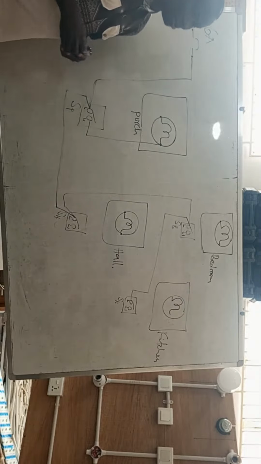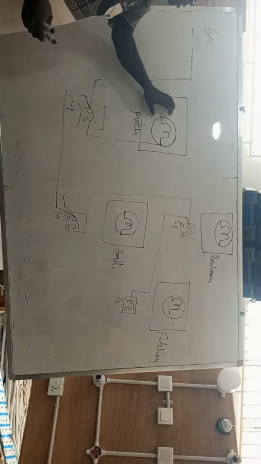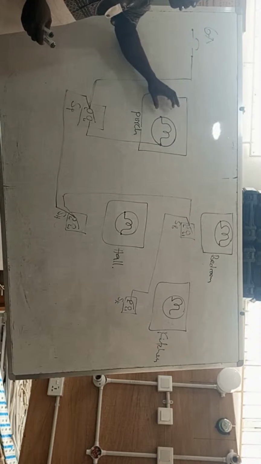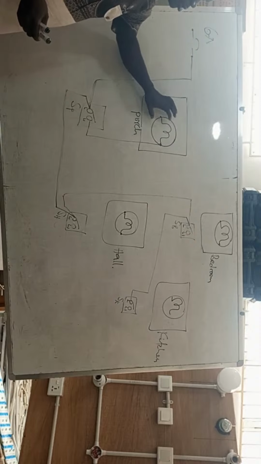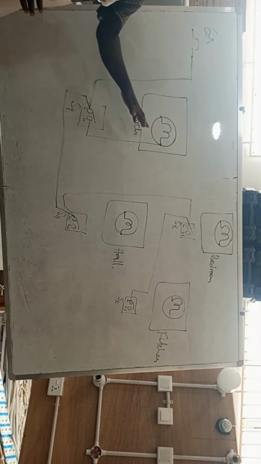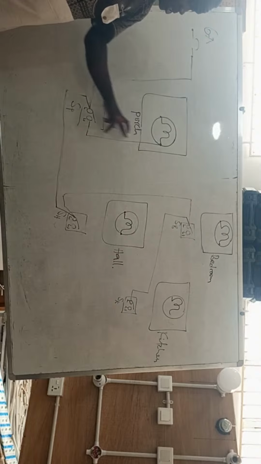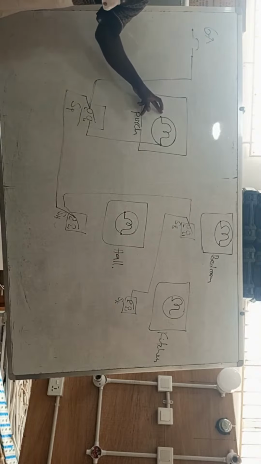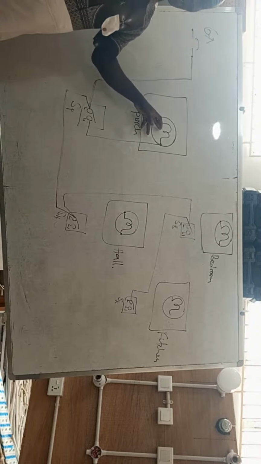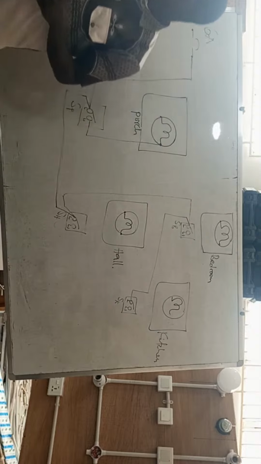So in the lamp holder, you will usually see 3 terminals. 2 are for connection of the supply, that is for the switch wire that comes from the switch, and then a neutral wire that will be coming from the consumer unit. And then the third one is for earth connection.